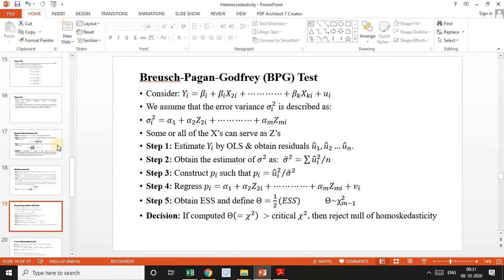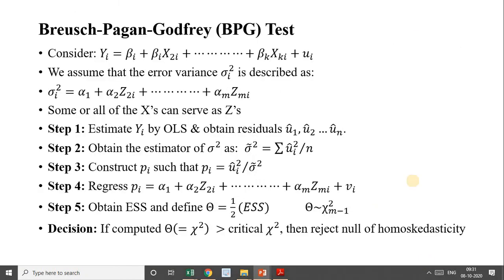As per this test, we have a regression with many explanatory variables, a multiple regression model, Yi equal to beta 1 plus beta 2 X2 and so on up to the Xk variable.